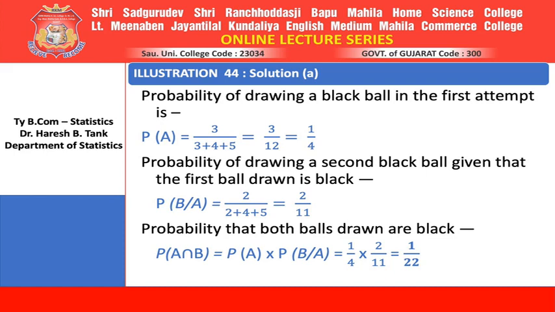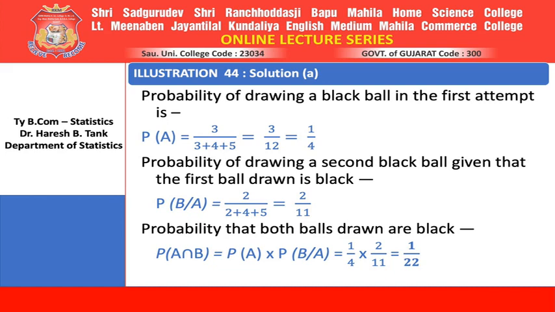Probability of drawing a second black ball given that first ball drawn is black. Now number of black balls left are 2 divided by total number of balls. Again they become 2 plus 4 plus 5. That 3 is reduced to 2 as one of the black is already taken.